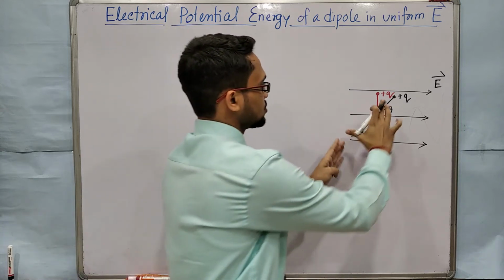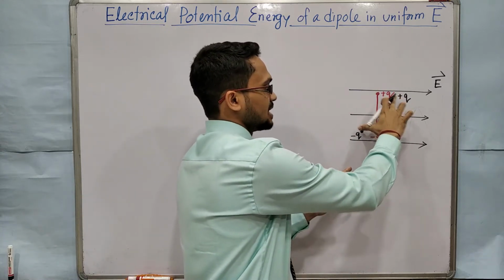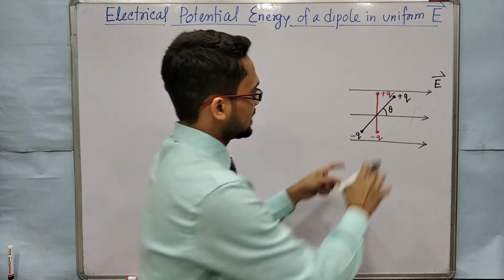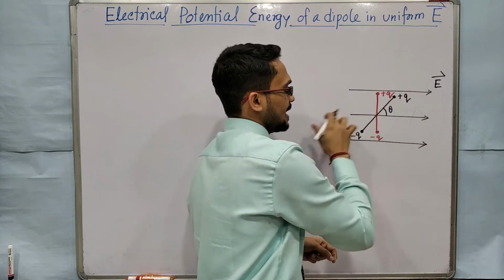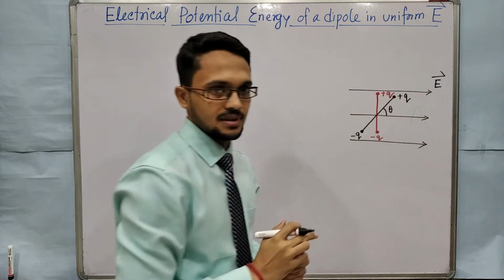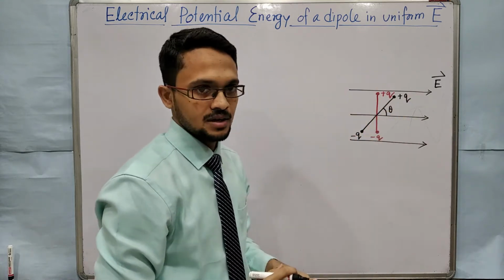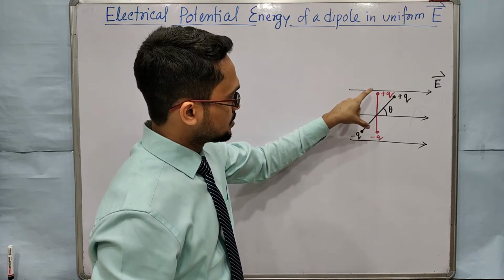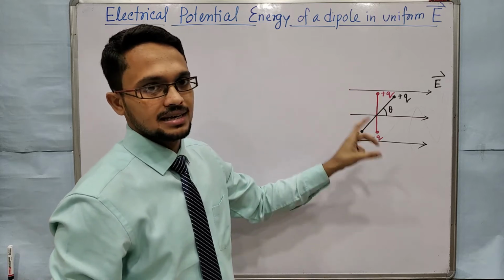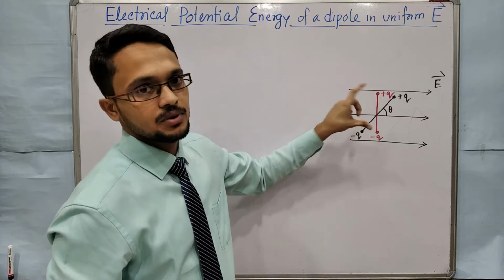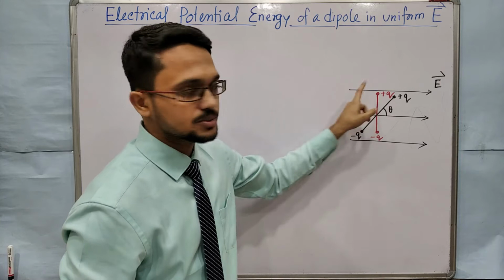Now this dipole is rotated by some angle. At the final position the angle between the dipole moment and electric field intensity is theta, and the initial angle is 90. At this 90-degree angle the potential energy stored in the dipole is 0. That means this is the reference position.